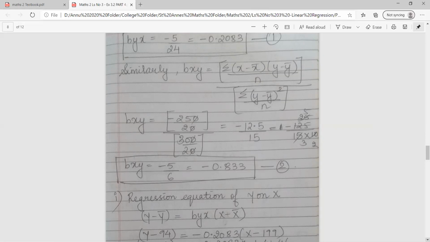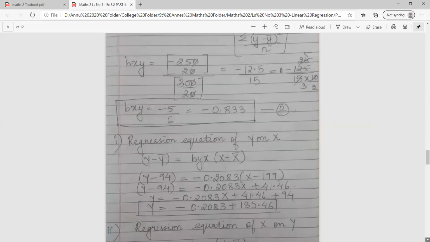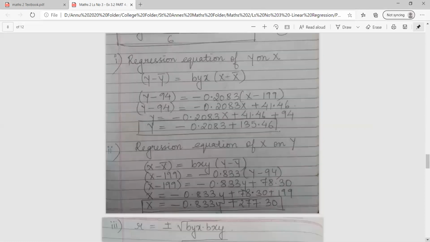So now if you have both the regression coefficients, you can easily find the regression equation of x on y and y on x. So you can see over here, regression equation of y on x starts with the formula y minus y bar is equal to byx into x minus x bar.